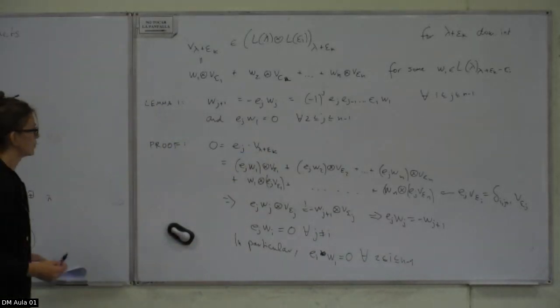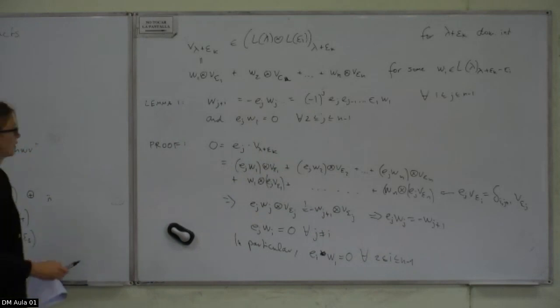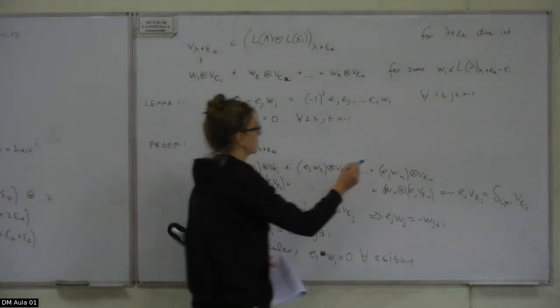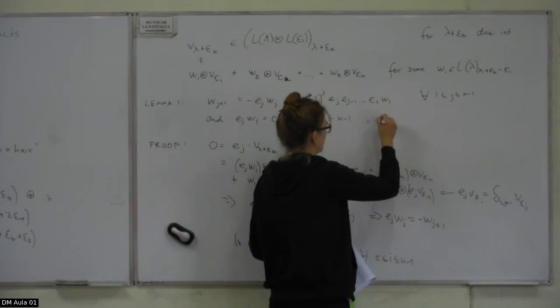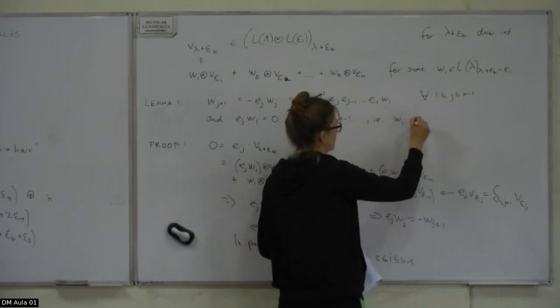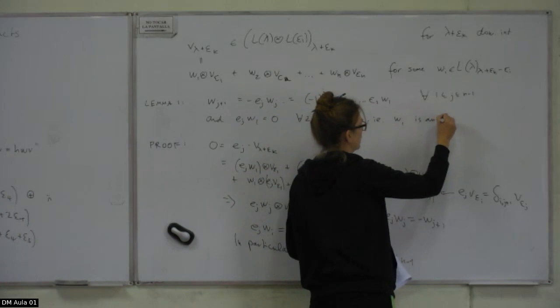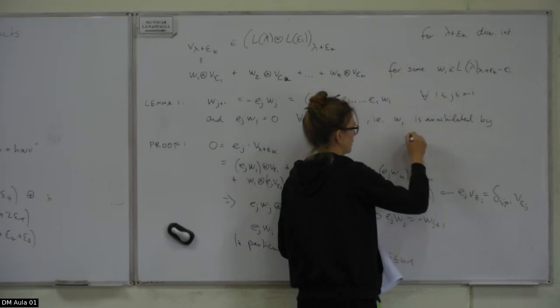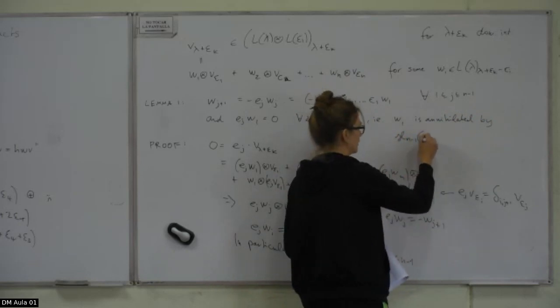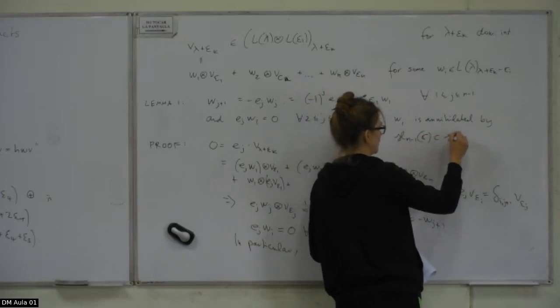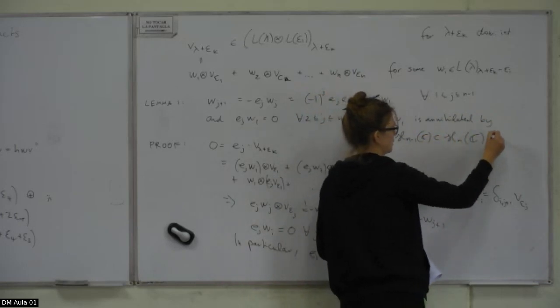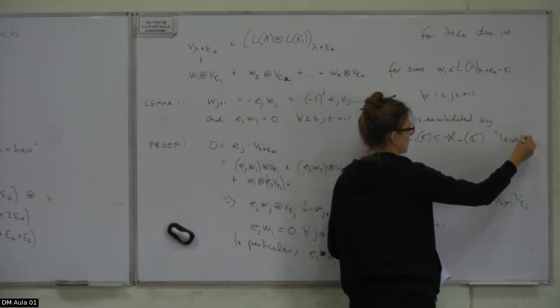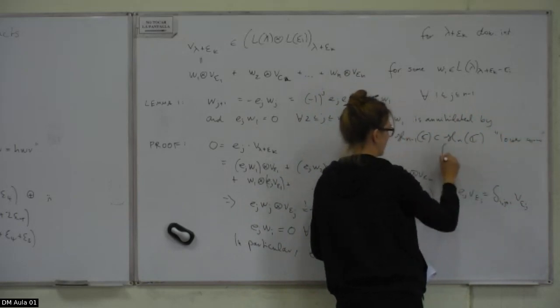And that is pretty strange actually, because this means that W1 is annihilated by some lower corner SL_{n-1} sitting inside SL_n.